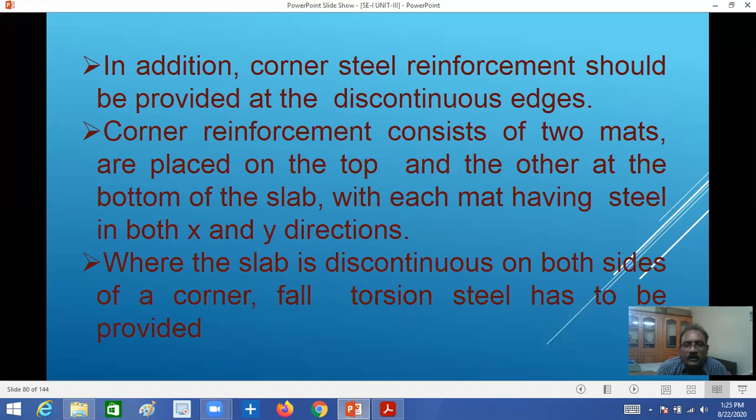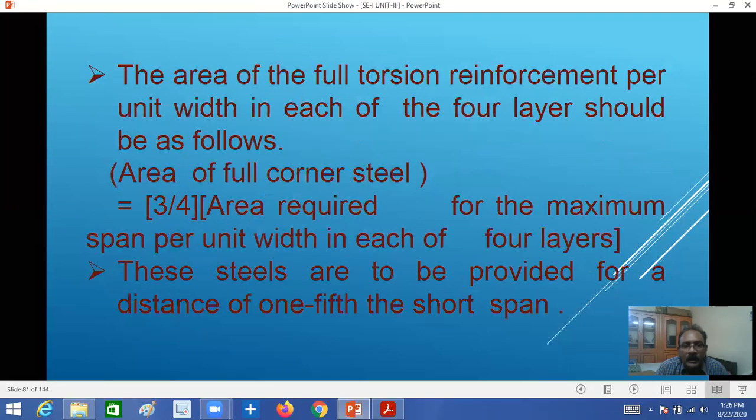Corner reinforcement consists of two mats and is given by IS 456, in the X and Y directions. Minimum torsion reinforcement you have to provide, which depends upon the condition.